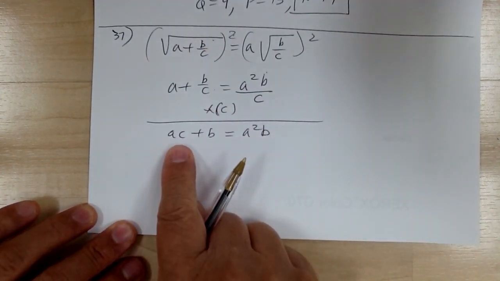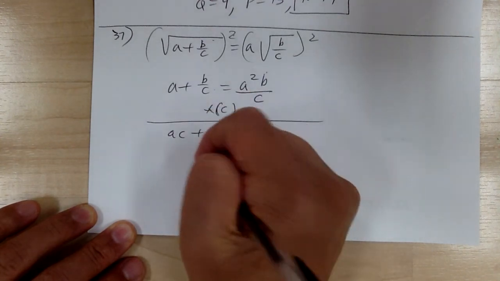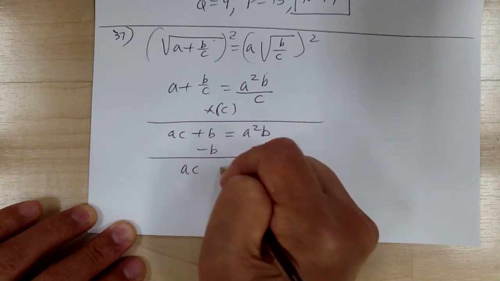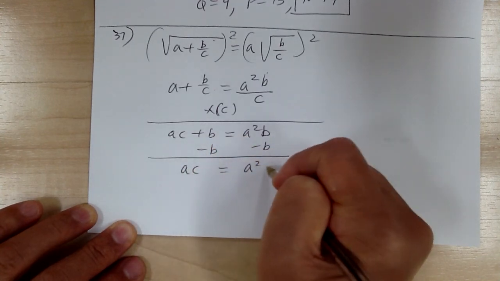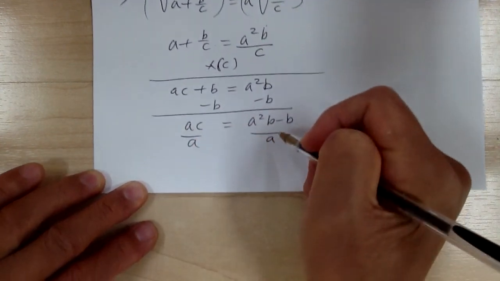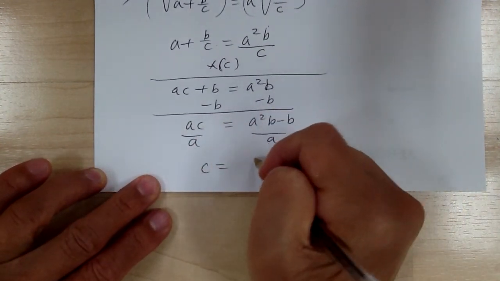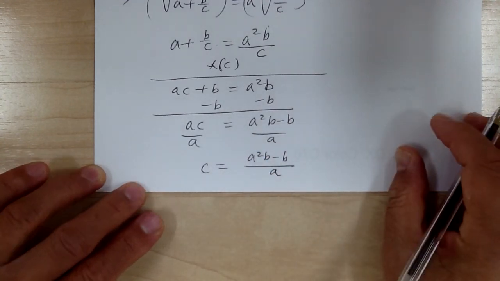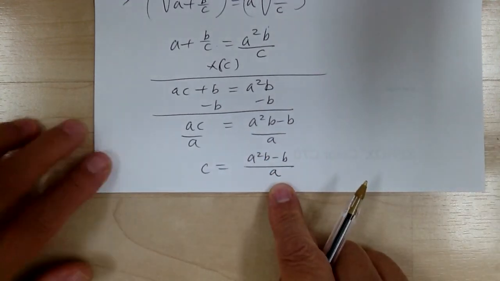And since I'm solving for c, I need to move this over. So minus b. So I got ac equal to a squared b minus b. And then divide by a. So I got c equal to (a squared b minus b) over a. Now if you want to simplify further, that's fine.